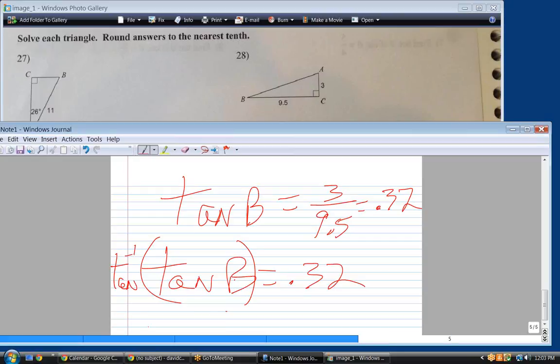Because when I take the inverse tangent of the tangent of B, I get B. That's what we're trying to solve for. And that's equal to the inverse tangent of 0.32. Solve for that in your calculator. Make sure you're in degrees, not radians, and you'll solve for angle B.